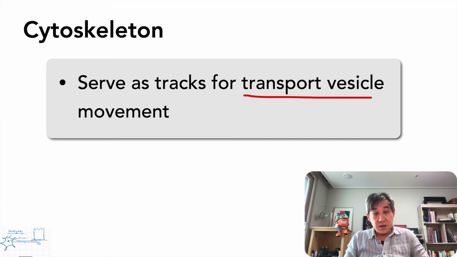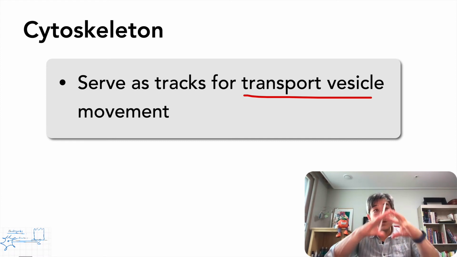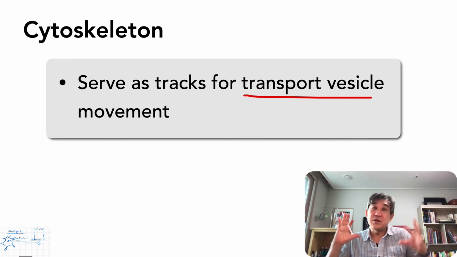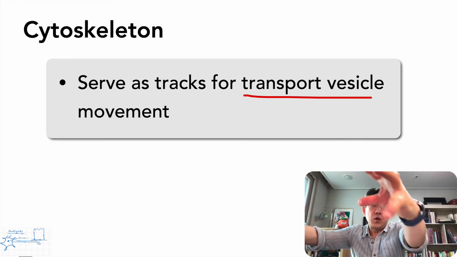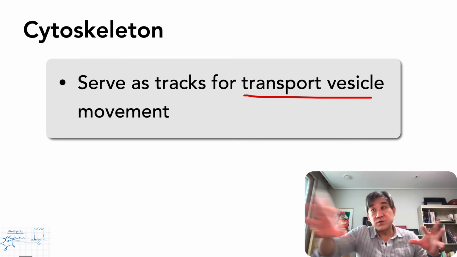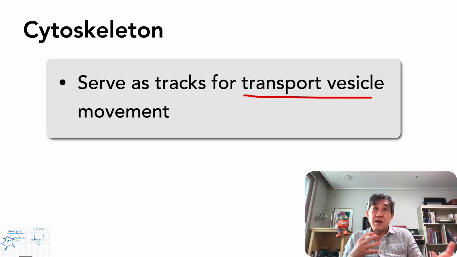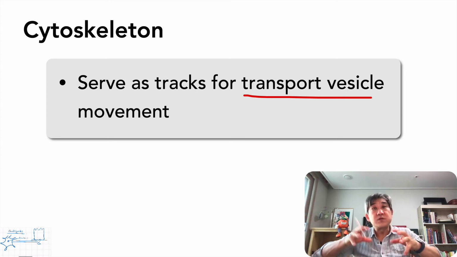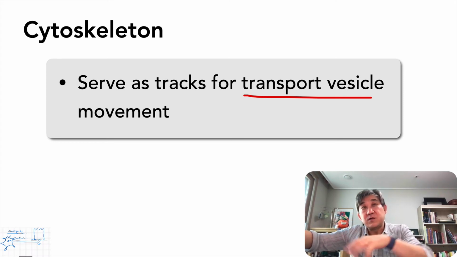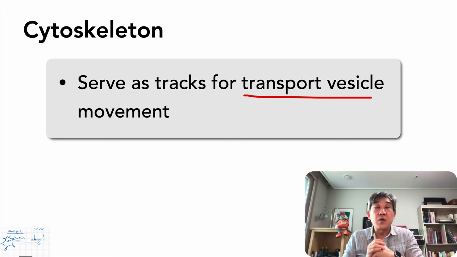So all these small vesicles, you may have thought that they are just like balloons, so they virtually float from one place to another. For example, if a transport vesicle is to move from the endoplasmic reticulum to the Golgi, they will simply float around just like they are on water.